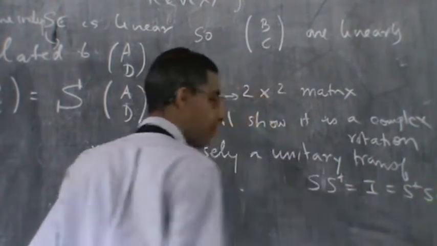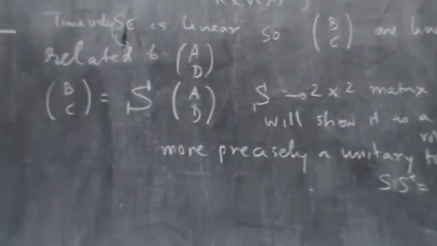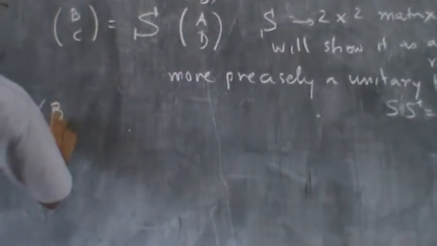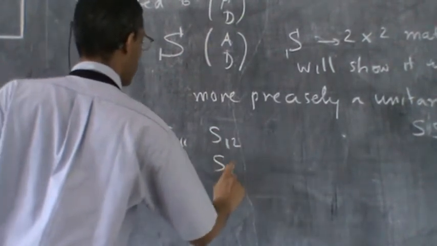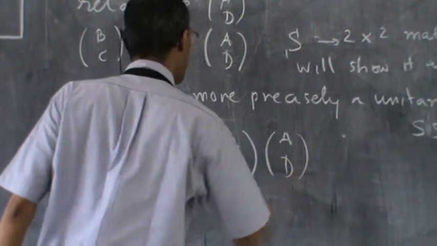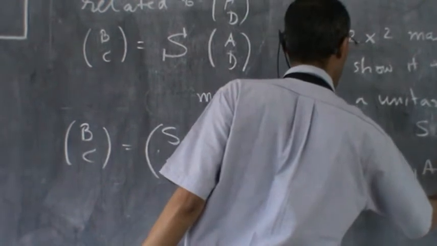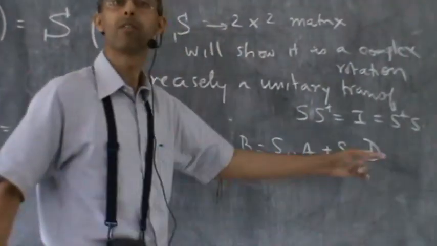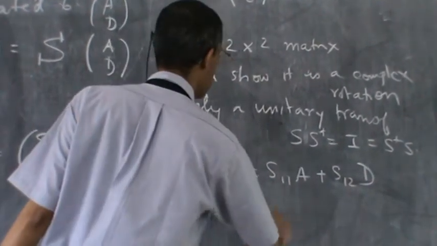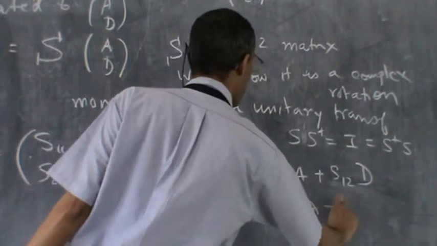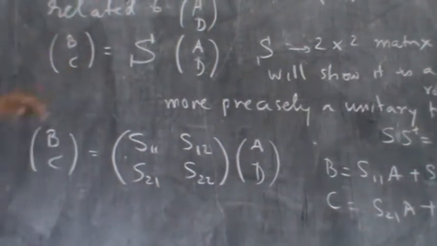B and C is a pair of complex numbers. So if I write this out, B is equal to S11 A plus S12 D, you will agree with me this is a linear relation between B and A and D. Similarly, C is equal to S21 A plus S22 D. This is what we mean by linear relation, written in a compact notation.